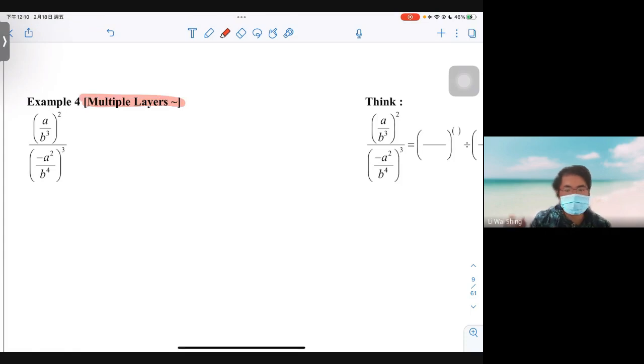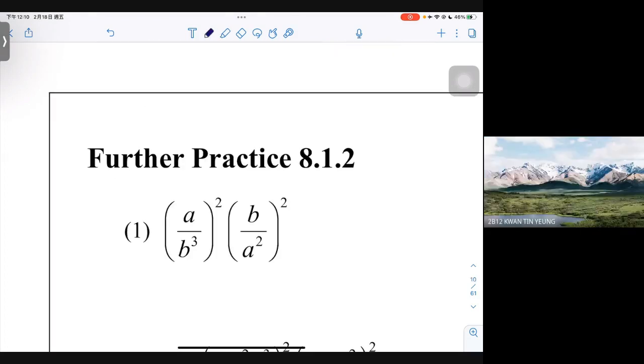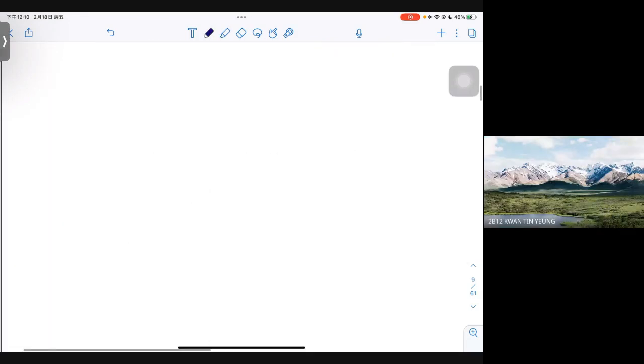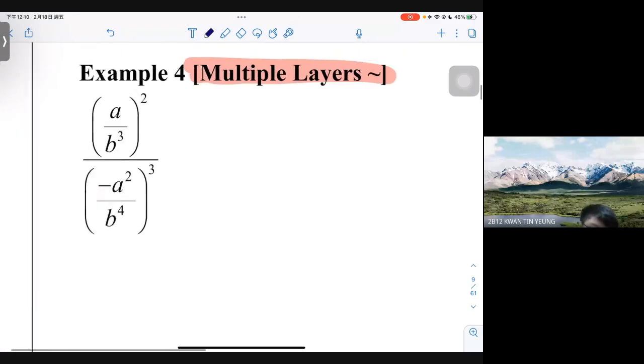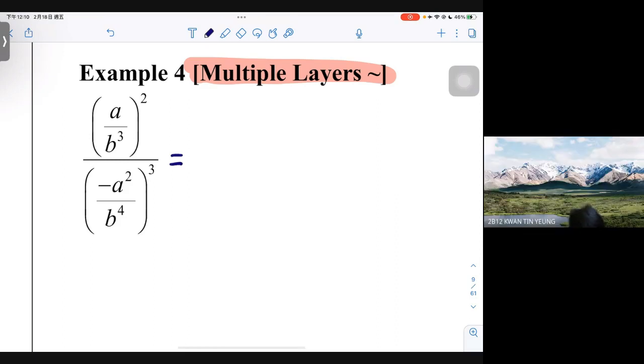So, let me see. Okay, Ashka, how would you do that? Just combine the 2 and 3 inside. Could you give me the steps?